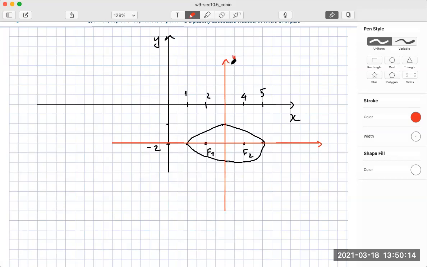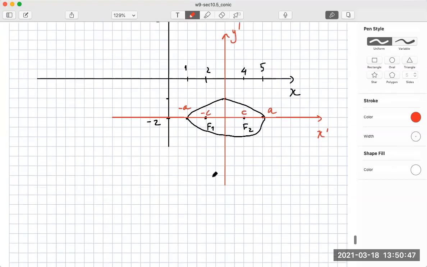Imagine that the original axes will be x prime and y prime here, right? So in the x prime and y prime coordinates, we know that this is c in that coordinate and negative c in this coordinate, right? And the same story, what is the value of a? Negative a here, right? In the red coordinate, what is the value of c?